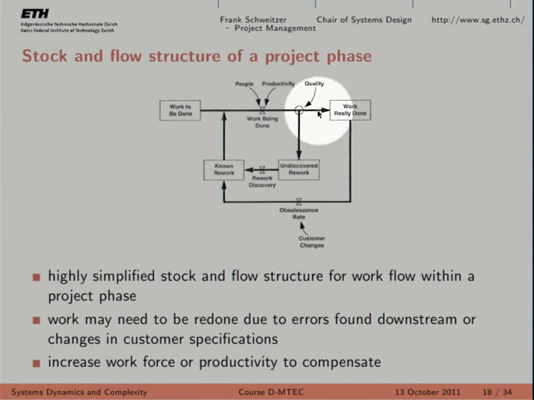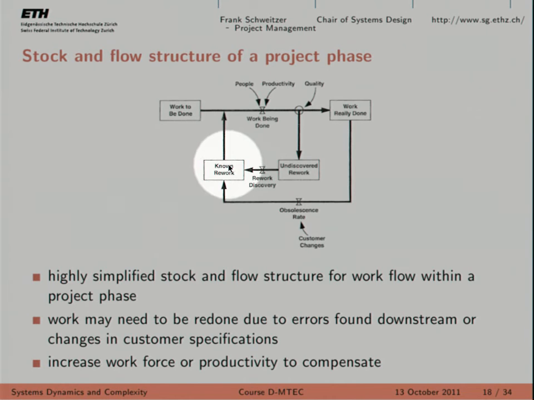If that's not the case, however, if something doesn't work, then you put it in a stock variable which is called, doesn't work. You don't know why, it just doesn't work. You take this stock variable, then maybe somebody else takes the stock variable, some other team, and they discover what is the problem with this thing, what needs to be changed. And they put it in a stock variable called known rework.